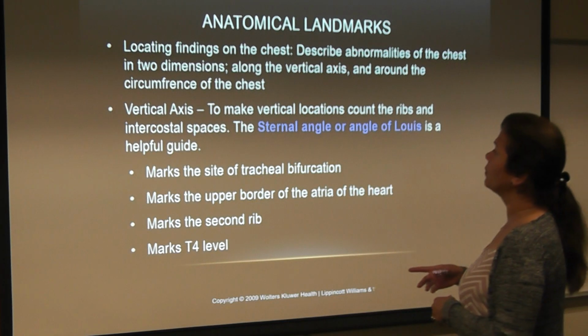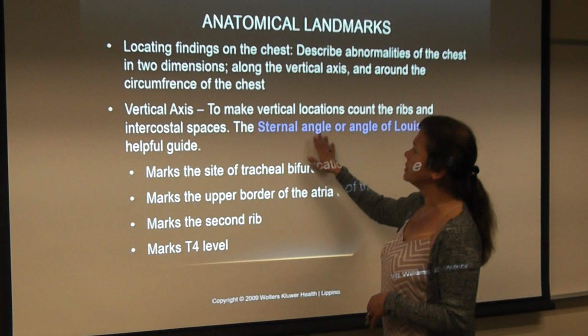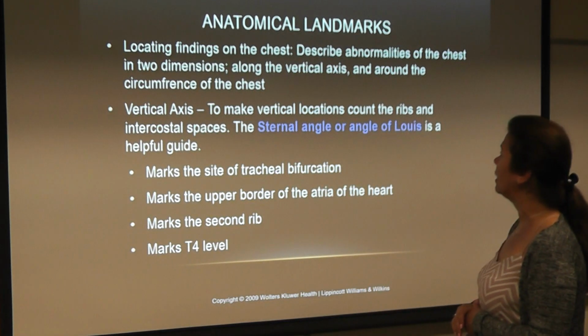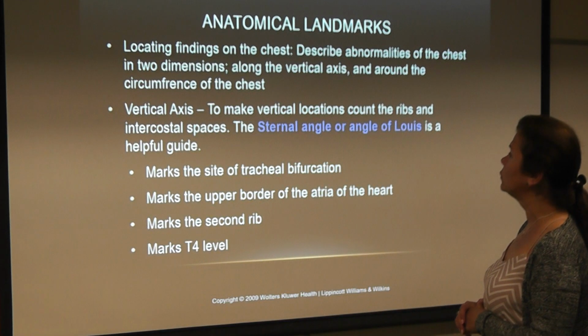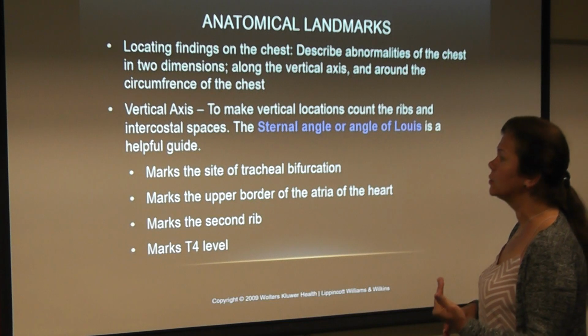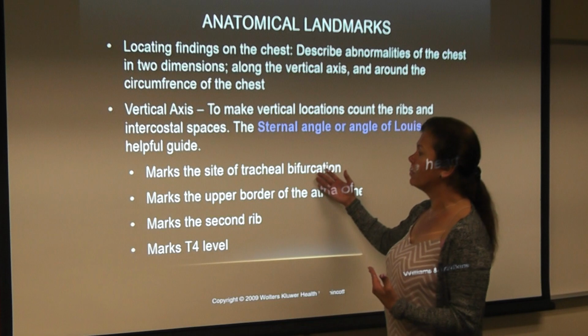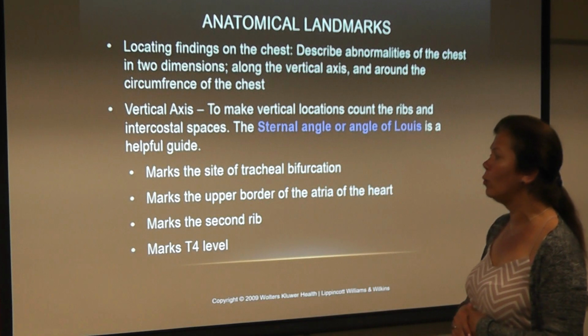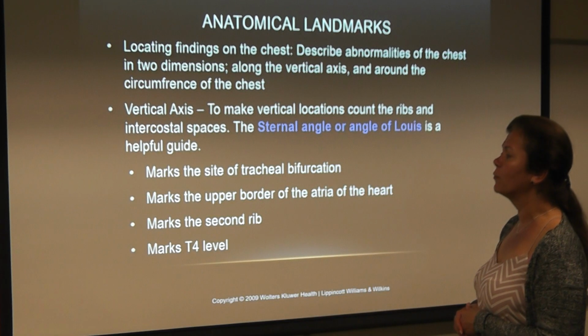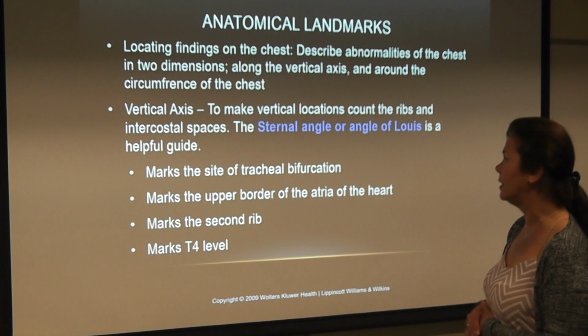As I previously stated, at the level of the second intercostal space, you have the sternal angle of Lewis, which basically tries to give you an idea where tracheal bifurcation takes place, and also the bifurcation of the bronchi into right and left.